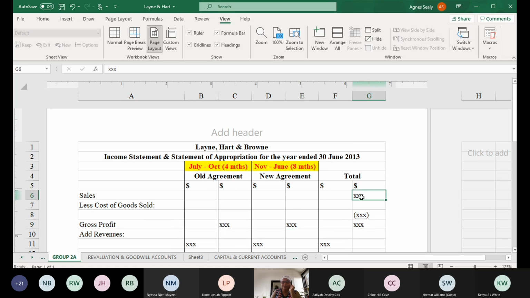So our sales is the total sales, $186,000, right? What I'm going to let you do for me, I'm going to give you 2 minutes. Everybody, you're going to work out, we have the sales, you know what your cost of goods sold figure is, and I want you to work out the gross profit, and then I want you to split that gross profit for me.